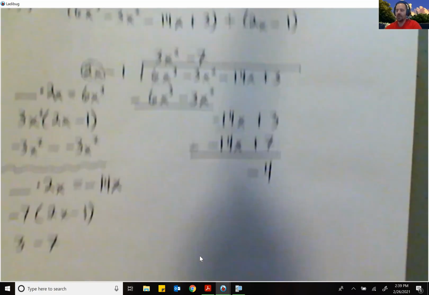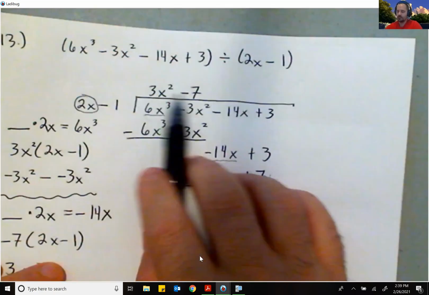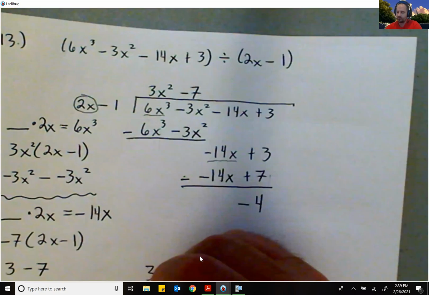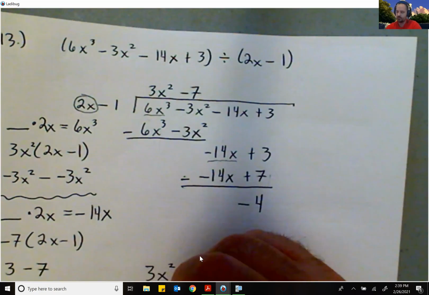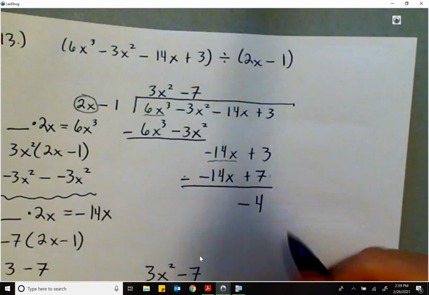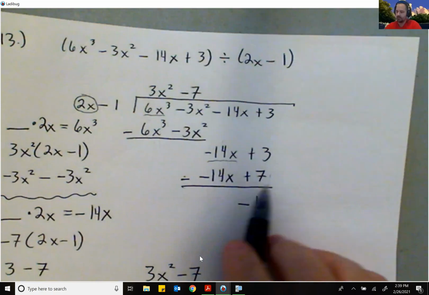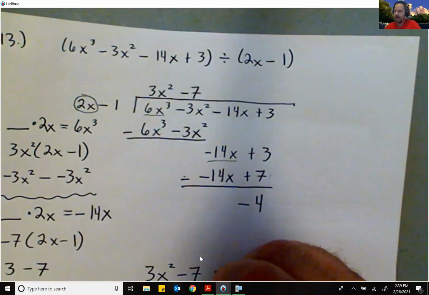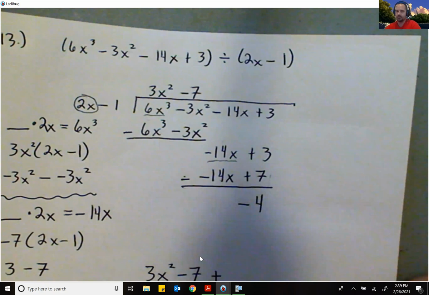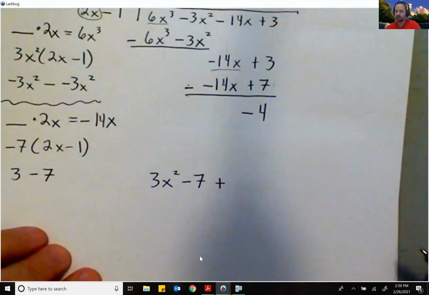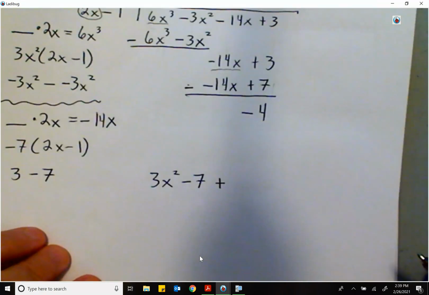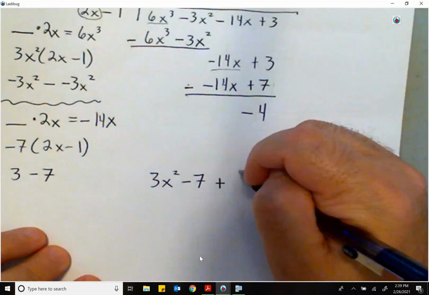So this, remember, is what we call the quotient. And this is what we call the remainder. And how do we write remainders? You just add it into the answer that you got.